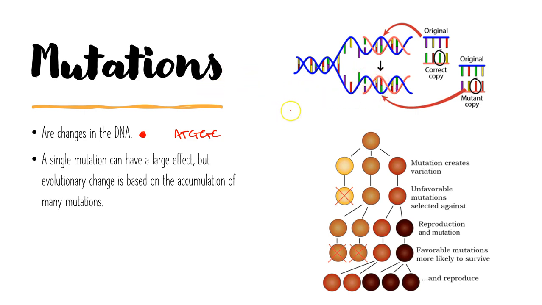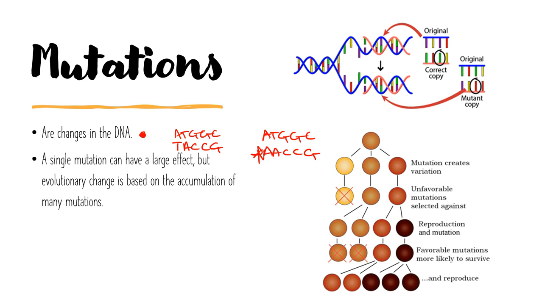You can end up with a mismatch, so the wrong nucleotide being put in the place of the original one. So instead of being A, where we should have T coming in here, and then A, and then C, C, G, a mutated strand might end up with something that might be A, C, C, G. We might end up with this one here, putting in a slightly wrong base than what should be there, and we call that a mutation.